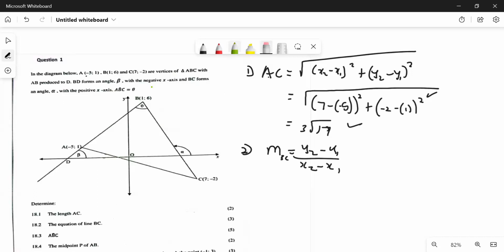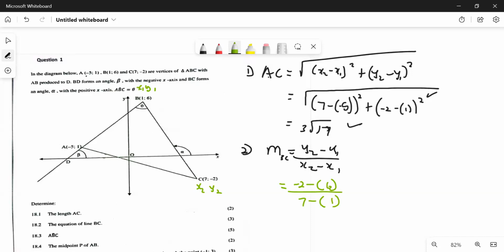So if we use B and C, this one here is x1, this one is y1, this one is x2, and this one is y2. Based on what we just chose, what is our y2? Minus 2 minus open bracket, what is our y1? It's 6, all over, what is our x2? 7 minus open bracket, what is our x1? 1.